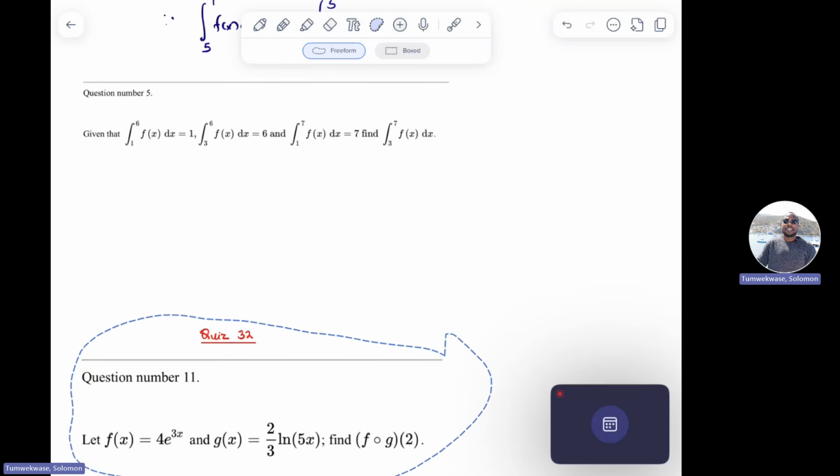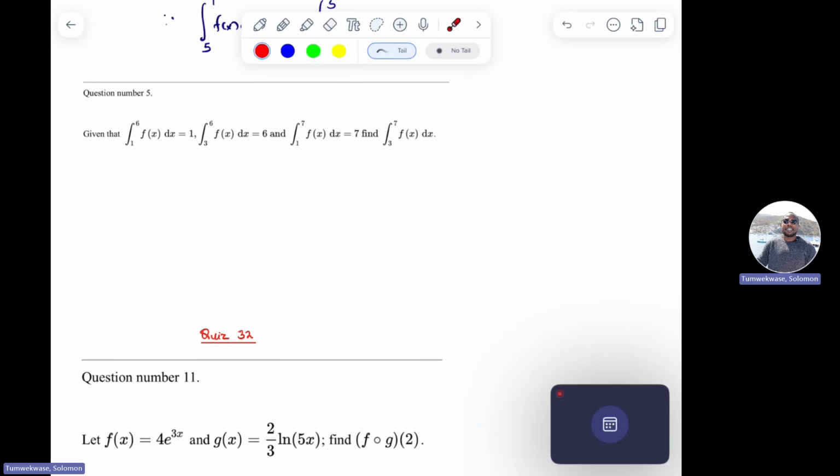We are interested in integral from 3 to 7, and so I can have integral from 1 to 7 of f of x dx. This is the integral from 1 to 6 f of x dx, then plus integral from 6 to 7 of f of x dx, right?